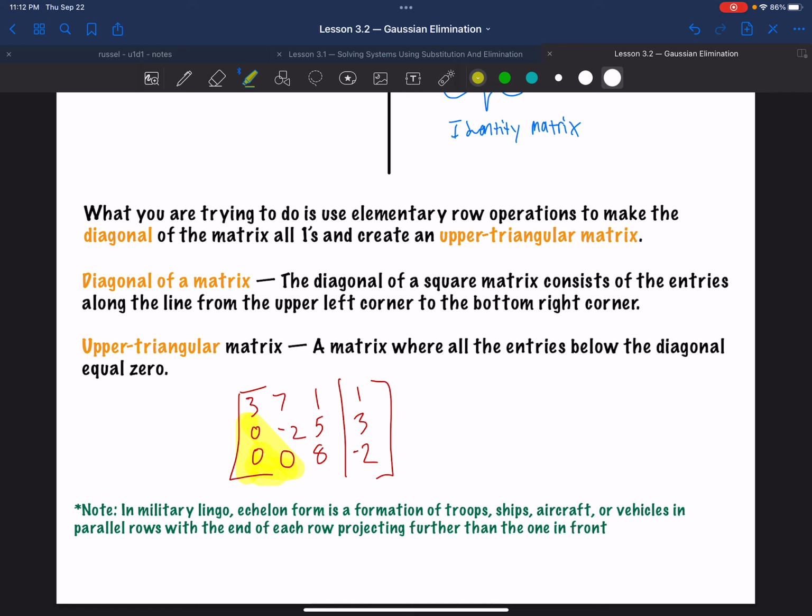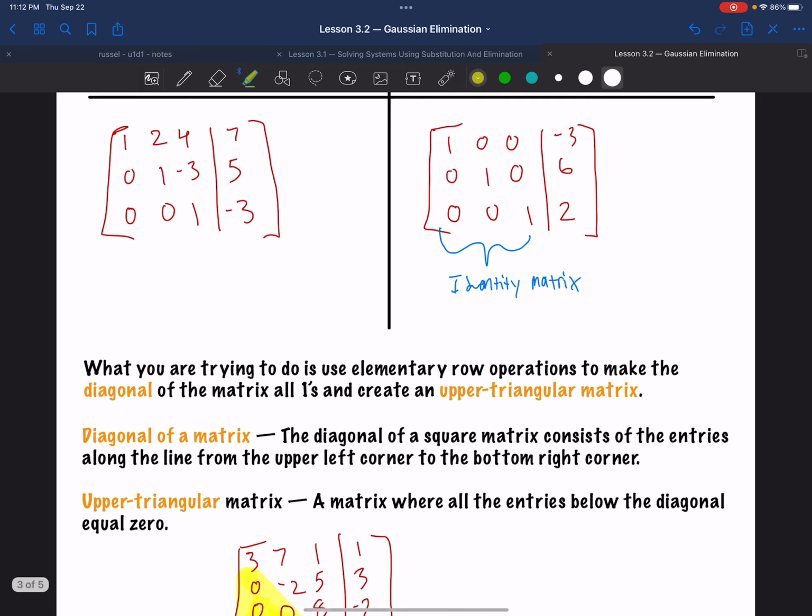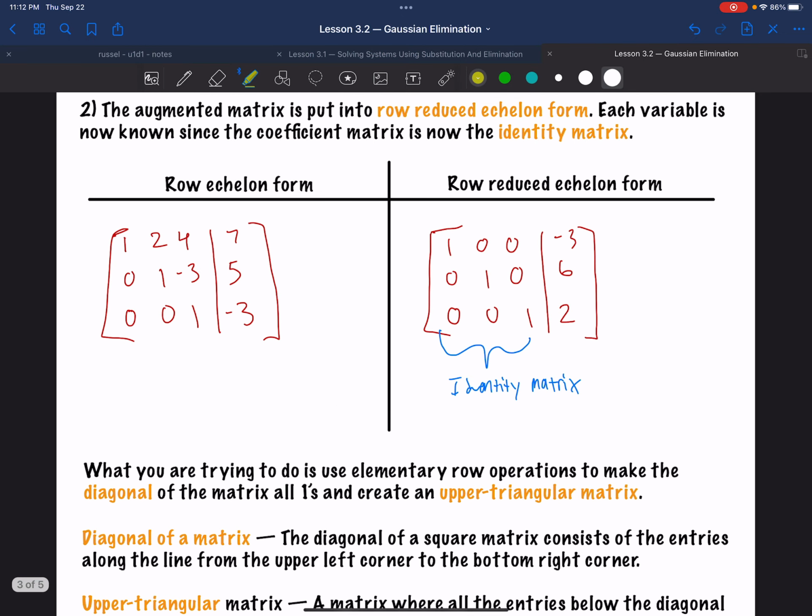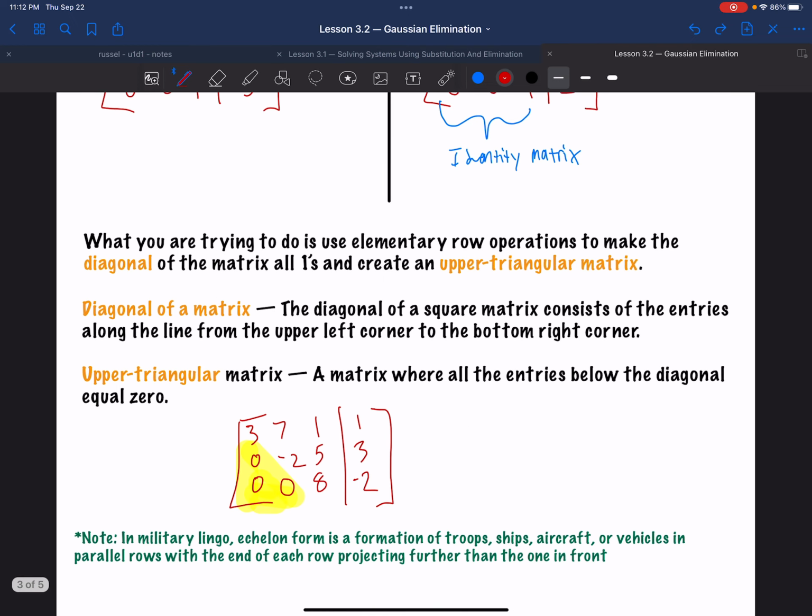For upper triangular matrix, it just means have zeros below the diagonal. But row echelon form is have those zeros, have that upper triangle form, but also have a diagonal of ones. Okay? And to get these, we're going to use row operations to find this result.